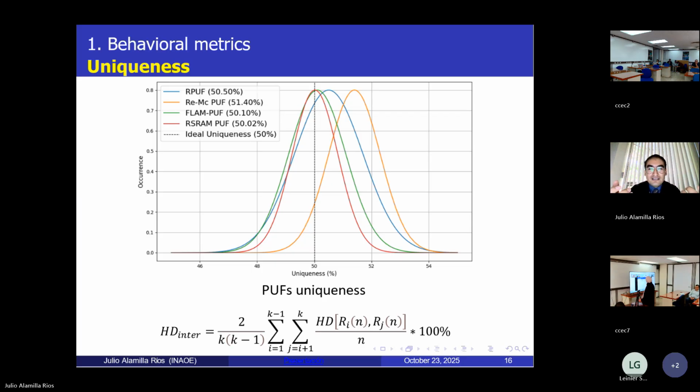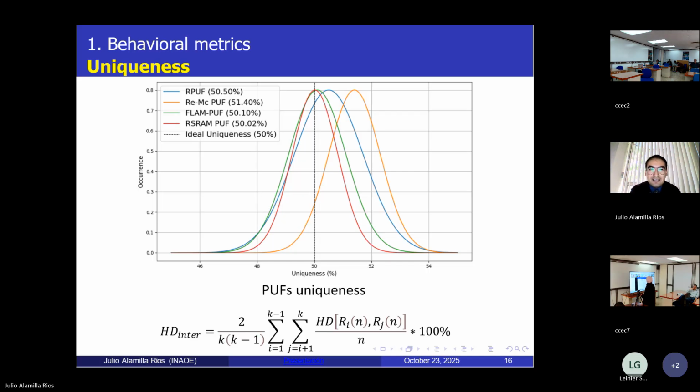If their responses or inter-Hamming distance is closer to 50%, that means that both PUFs generate different responses.